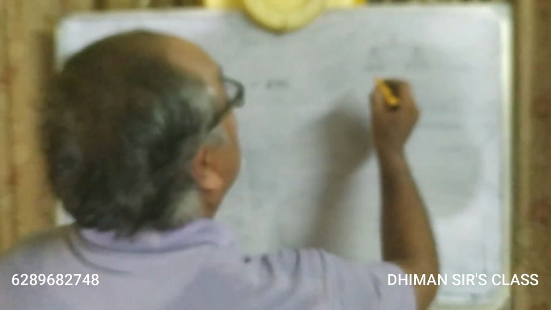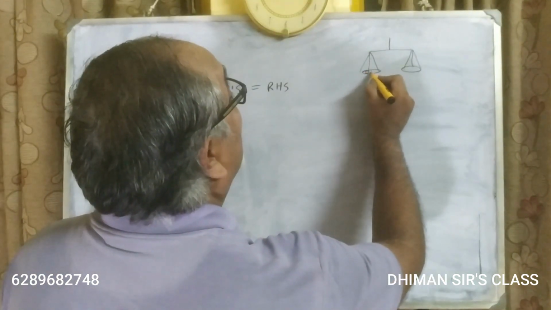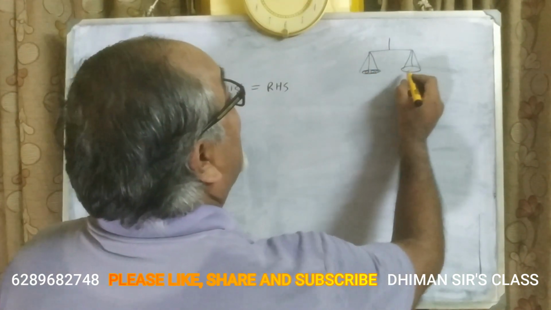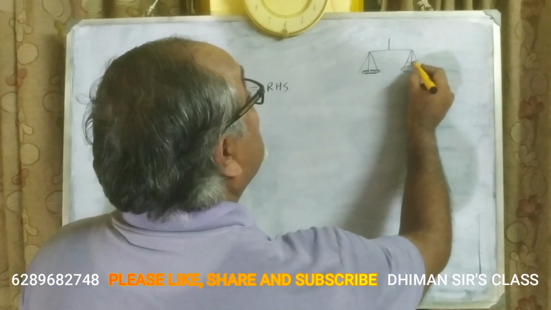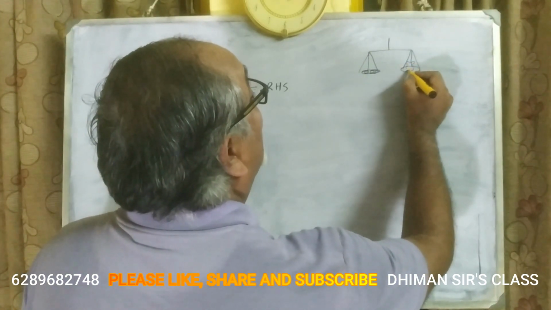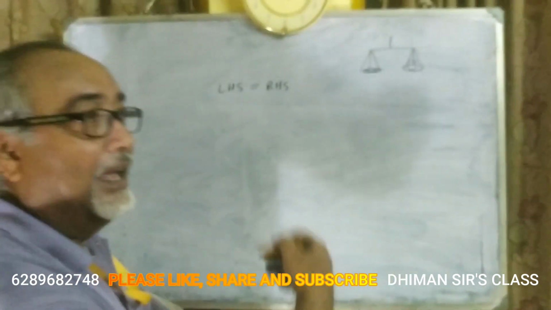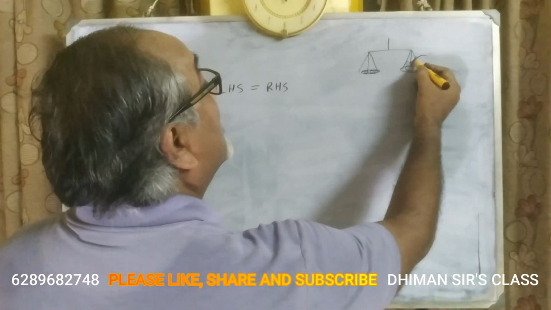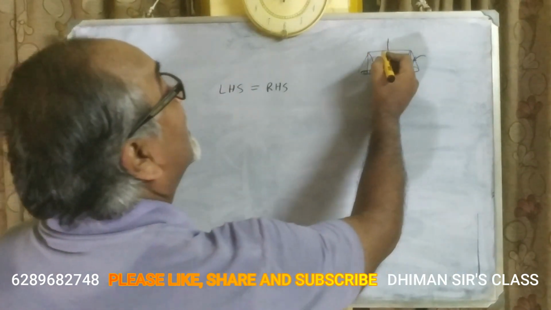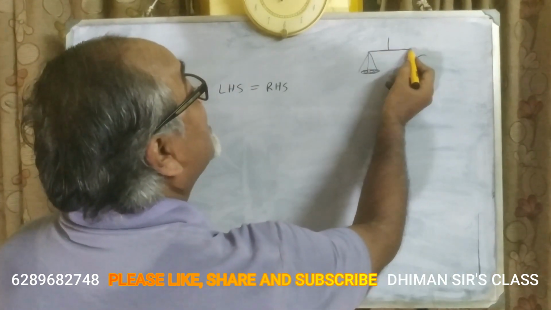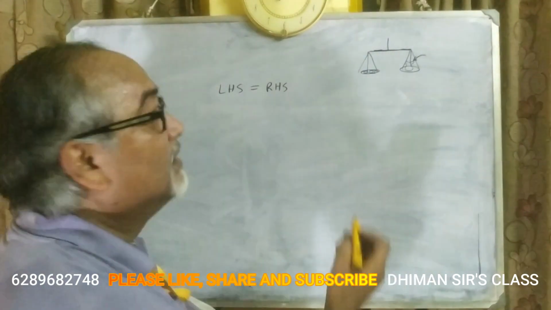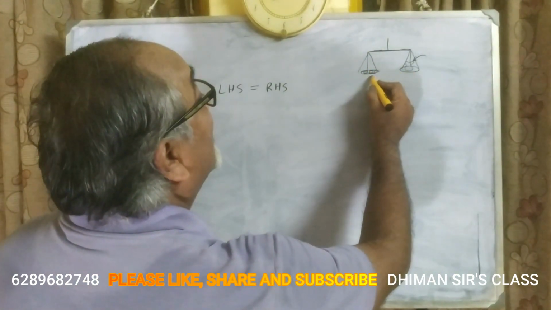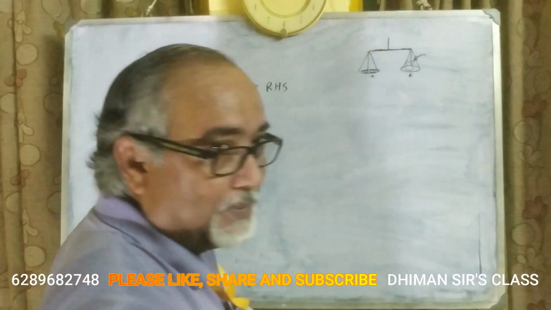Now suppose they are keeping the weights here. One side they are keeping the weights and the other side they are keeping the thing which you are buying. Suppose the rice. So he will keep on pouring into it until this line is balanced. Means this and this are in balance.